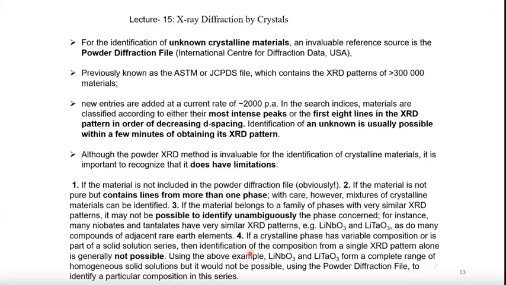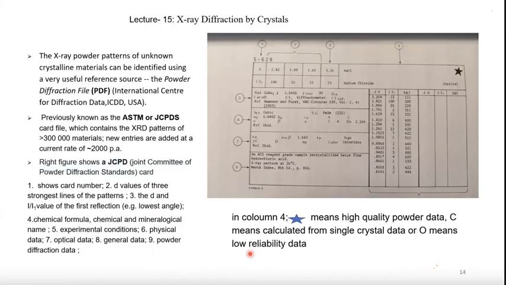And there are also some rare earth compounds which are difficult to identify. But the powder diffraction file is a very important source for identification of unknown crystalline materials. In the next lecture, I'll give a little more detail about the diffraction file and what we look for.